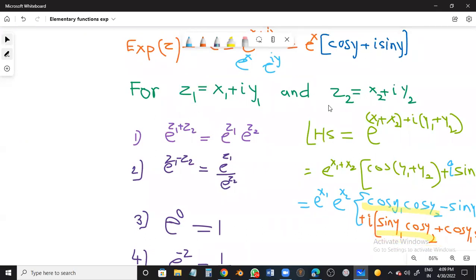So we take two complex numbers z1 and z2, namely x1 plus iy1 and x2 plus iy2. Now e raised to z1 plus z2 will be equal to e raised to z1 into e raised to z2 as per our laws of indices. We want to show that it happens.